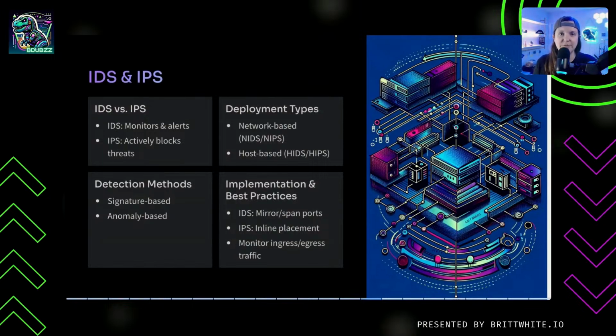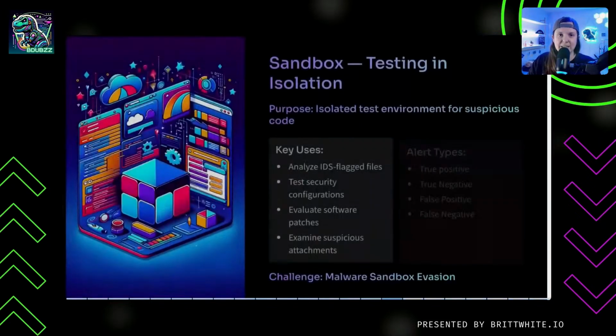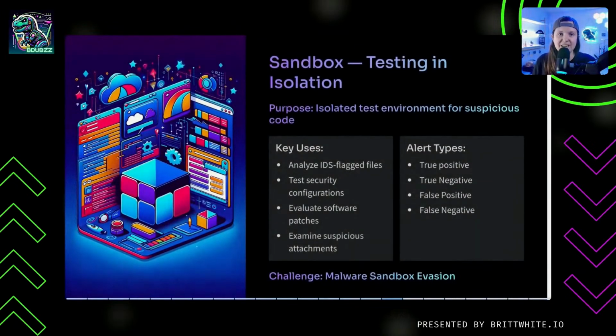Now, when these systems flag potential threats, we need a safe environment to analyze them, which brings us to our next topic, sandboxing. Now, sandboxes are isolated test environments that are designed to mimic production systems without any risk to your real infrastructure. Think of it like a quarantine zone where we can safely examine any suspicious code. Let's explore how organizations use these sandboxes.